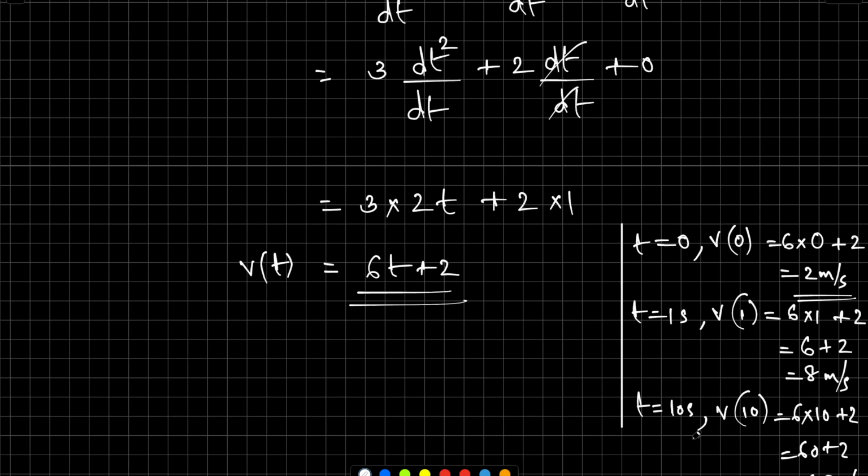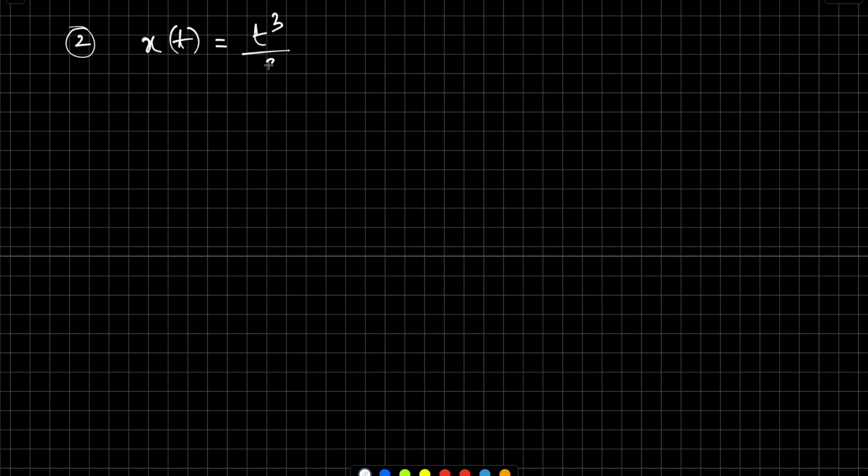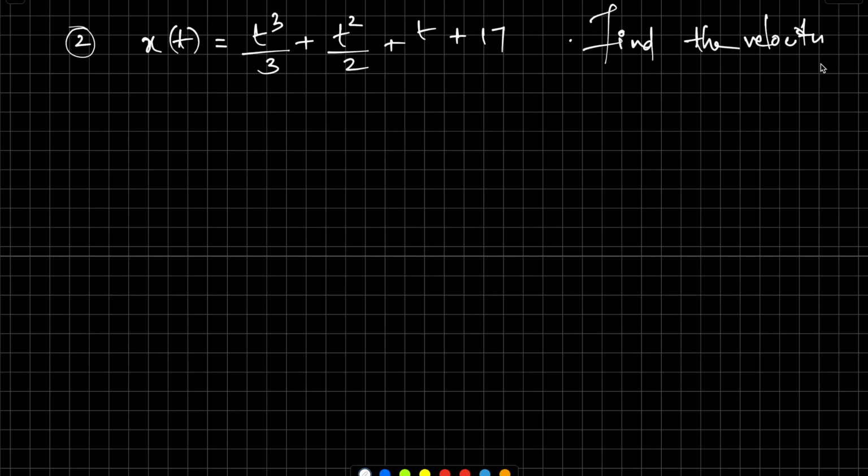Another question. X of t position function is t cubed by 3 plus t squared by 2 plus t plus 17. Find the velocity of this object at time t equals 5 seconds.